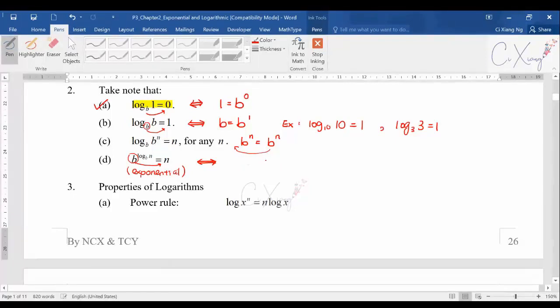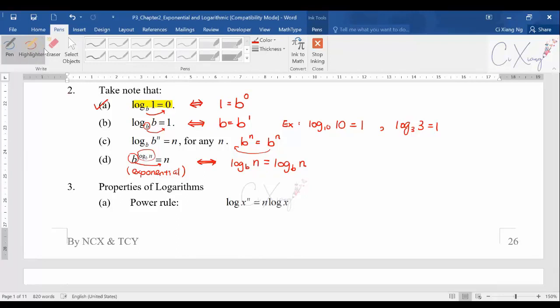So you have log base b of b power n on the right, and the original power, you bring it down to become the number. So you have log base b of n. They are actually the same for the log function, but if you change it to indices, it will look something like this.